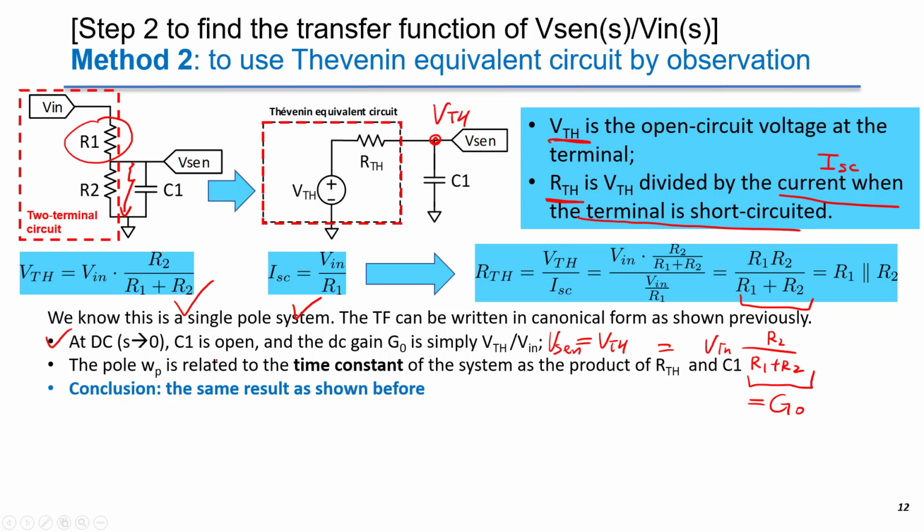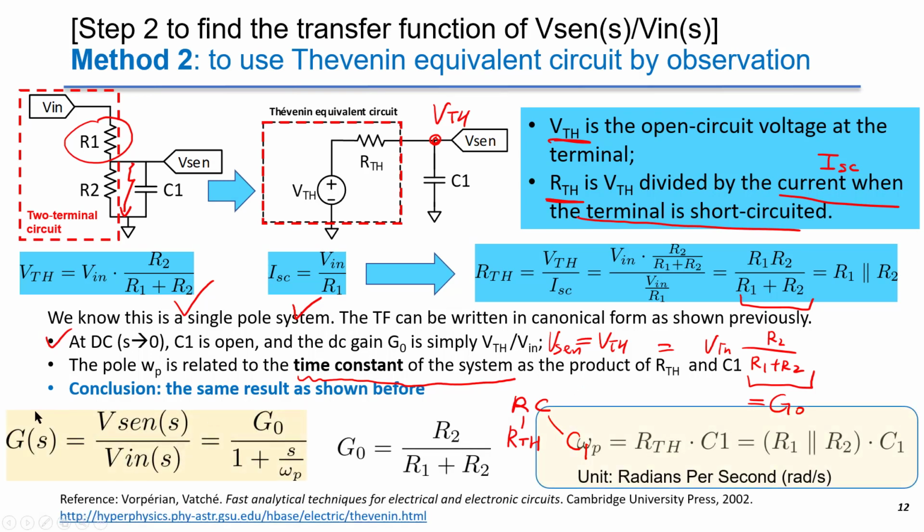We know that the pole omega p is related to the time constant of the system. For example, the RC time constant. So the R will be the Thevenin resistor RTH, and this C will be C1 in our case. We know that the transfer function will be like in the canonical form.